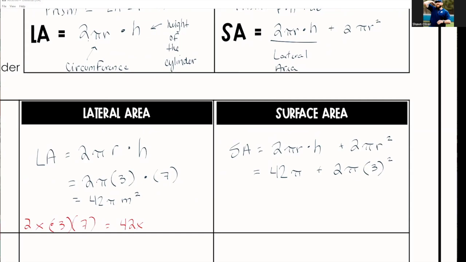Before we can add them together, we need to make sure we multiply. But before we multiply, that exponent has to happen. So 42 pi plus 2 pi times 9. 2 times 9 is 18. 42 pi plus 18 pi, are those like terms? Can we combine them? Yes. 60 pi. 60 pi, and then to keep our science teachers happy, meters squared.